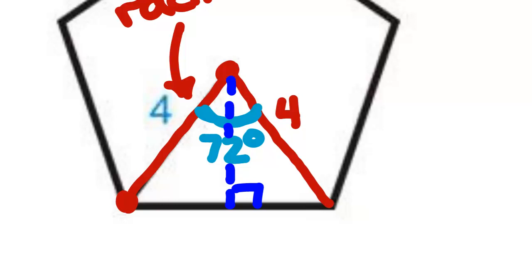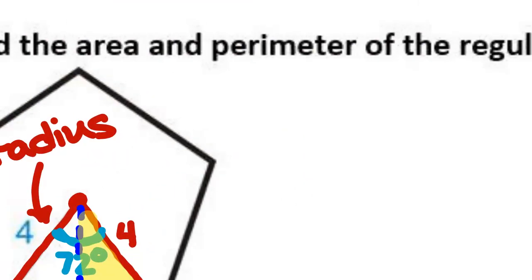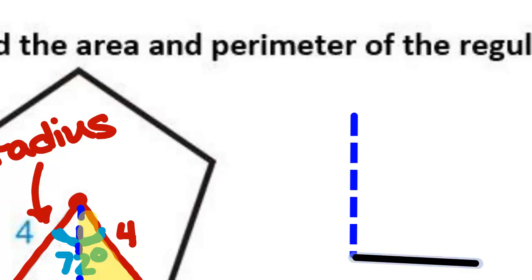And while I'm at it, I'm going to take this little triangle right here and draw it off to the side so I can see it a little bit better. All right, so there's that figure.